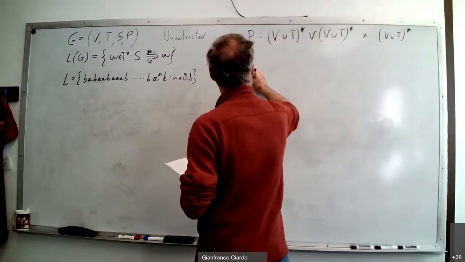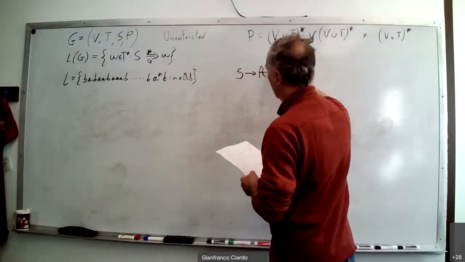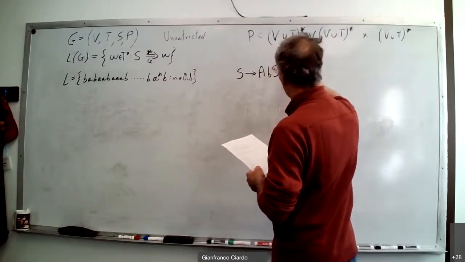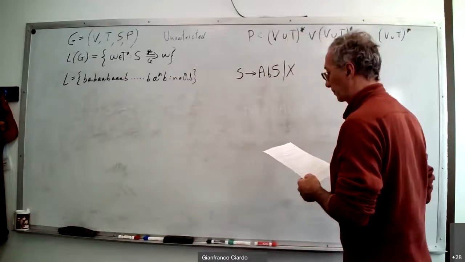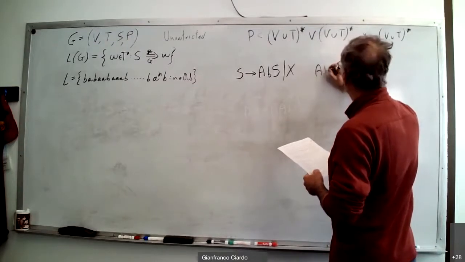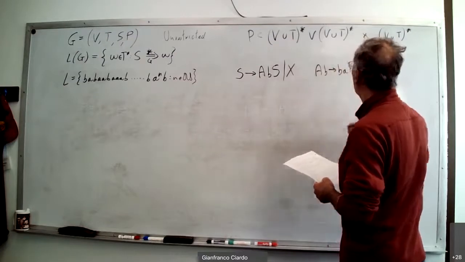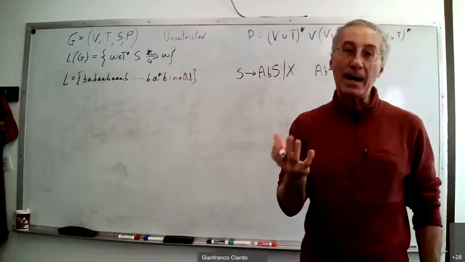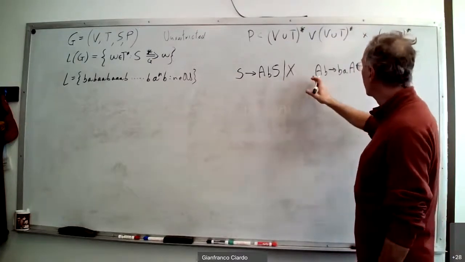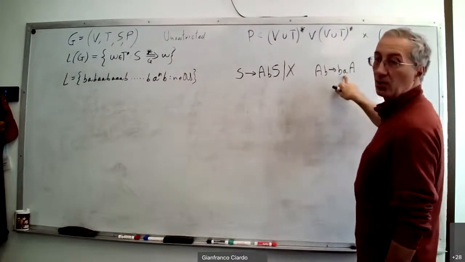So from S, I can do A little b S, or X. And then I have A little b goes to BA A. So again, this is not a doubling, but as the A moves over the little b, it generates one little a.